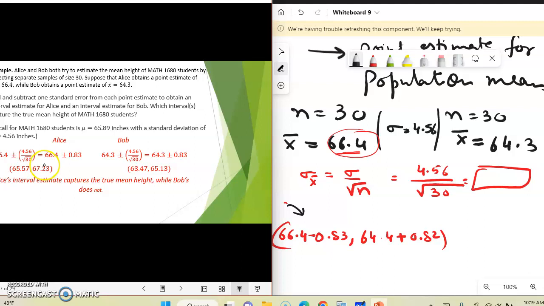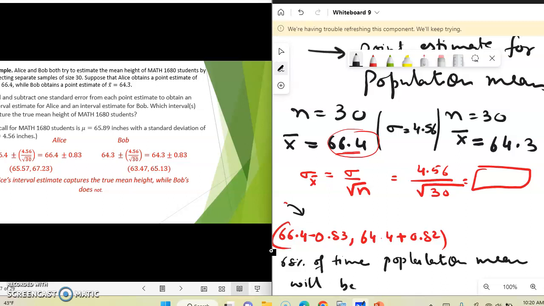Now, what is Alice saying? This is one standard deviation away from the sample mean, right? So she's saying that 68% of the time the population mean will be in this interval. Okay, that's what we are trying to say here.